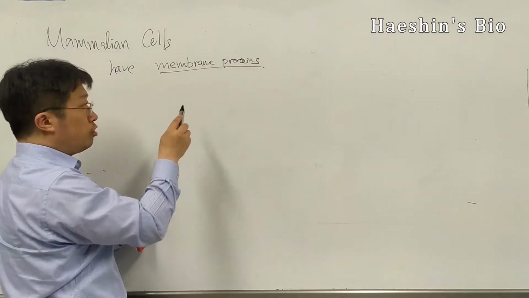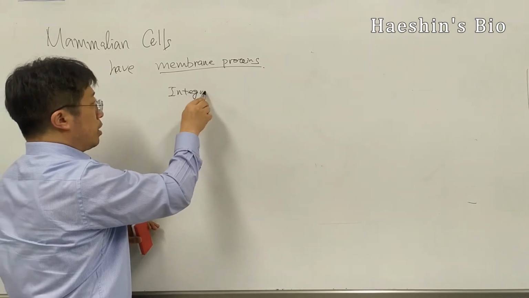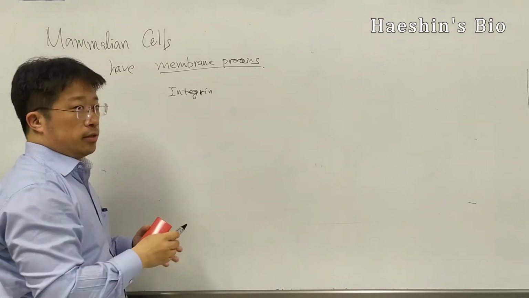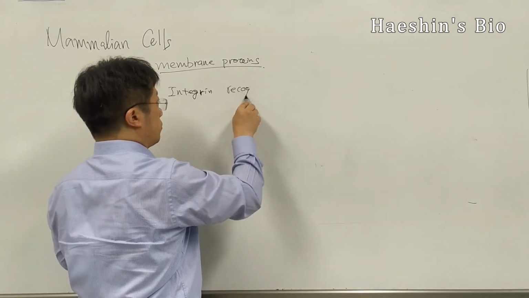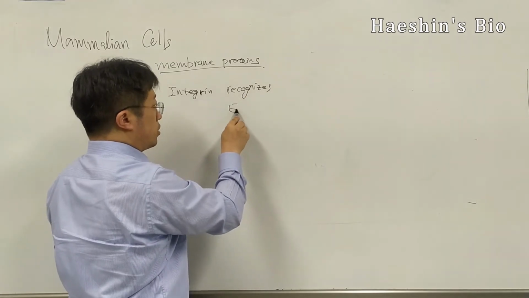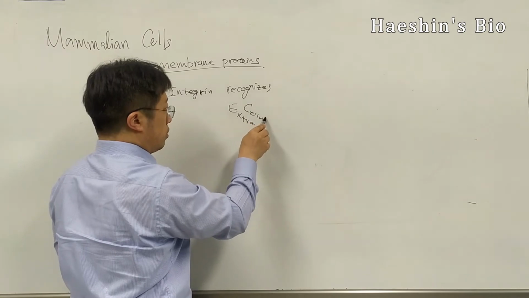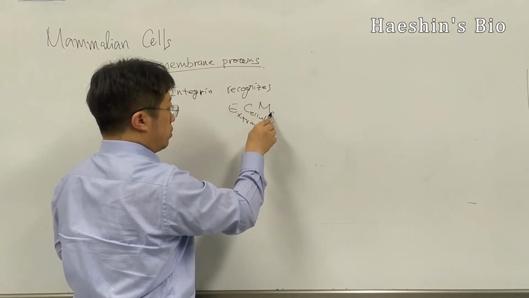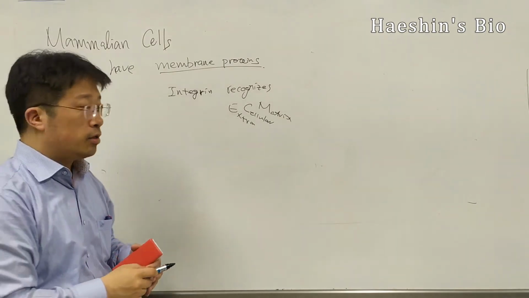Generally speaking, for example, integrin is the name of the protein that recognizes the extracellular matrix, we call the ECM.